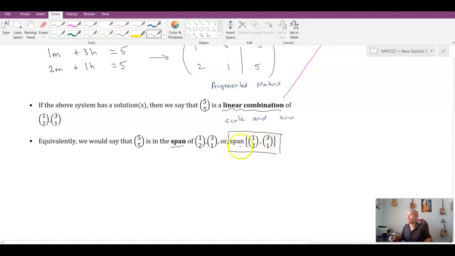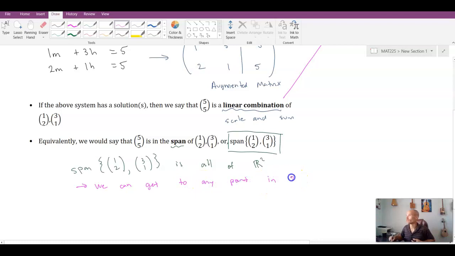So in the context of these two, these allow me to span all of R2. I could say that the span of the vectors 1, 2, and 3, 1 is all of R2. And in translation, what this really means is that we can get to any point in 2 dimensions.